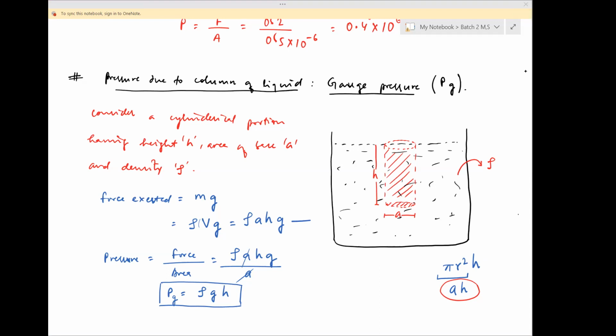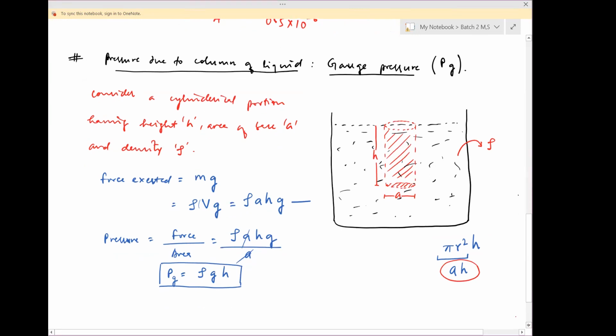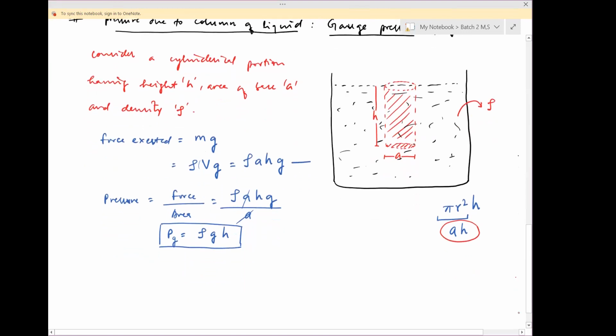No, sir. So what is that area of? Area of base.